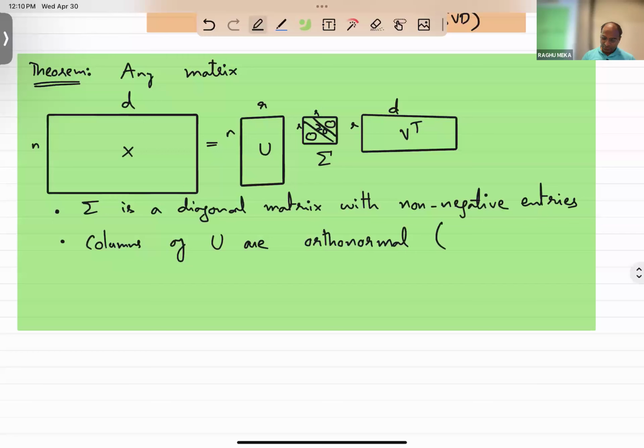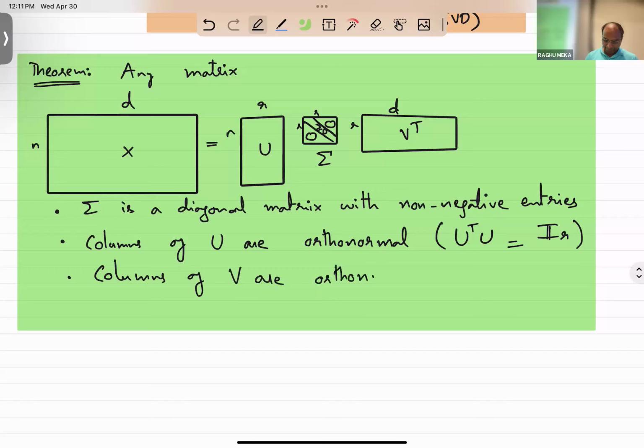Right. So another way to write this is that if I look at U transpose U, this matrix is the identity matrix on R dimensions. And the same thing also holds for V. So columns of V are orthonormal. So V transpose V, once again, is identity.